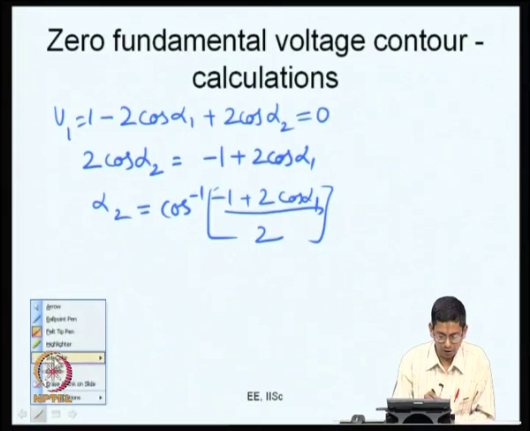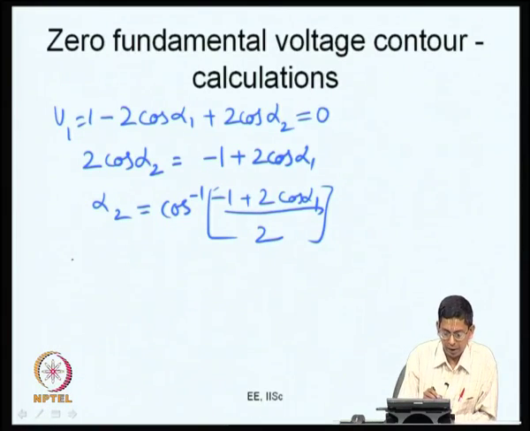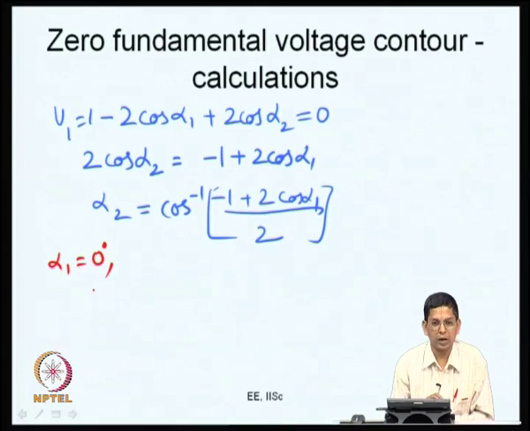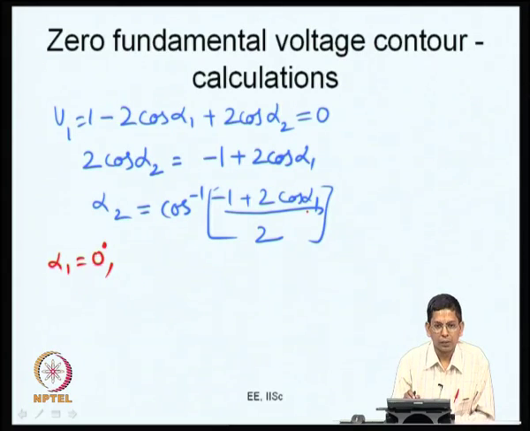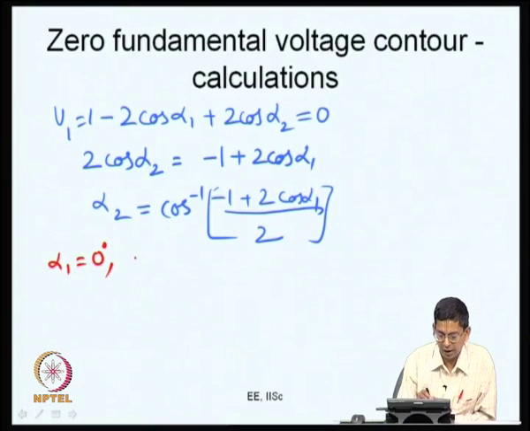Okay. Let us come up with some values here. Let me take alpha 1 is equal to 0. It is a simple value to start. If I say alpha 1 is equal to 0, then what do I get here? Cos alpha 1 is 1. Therefore, 2 cos alpha 1 is 2. So, you have minus 1 plus 2 is 1.